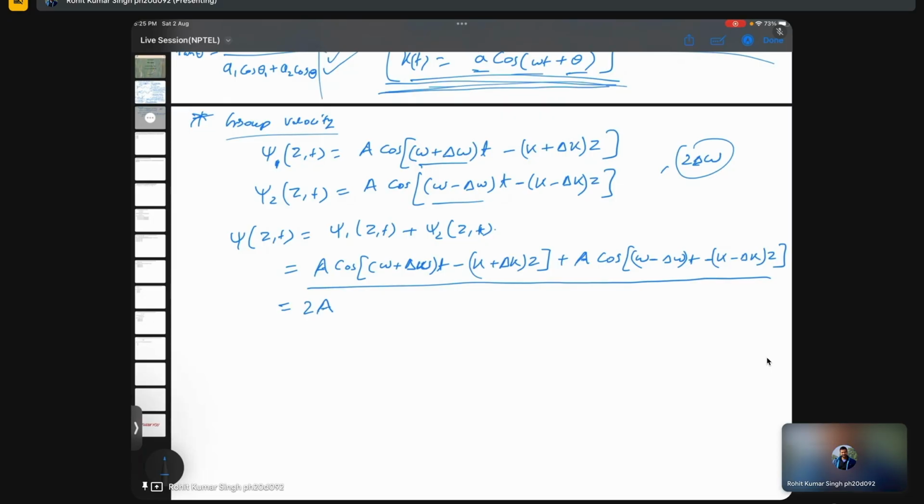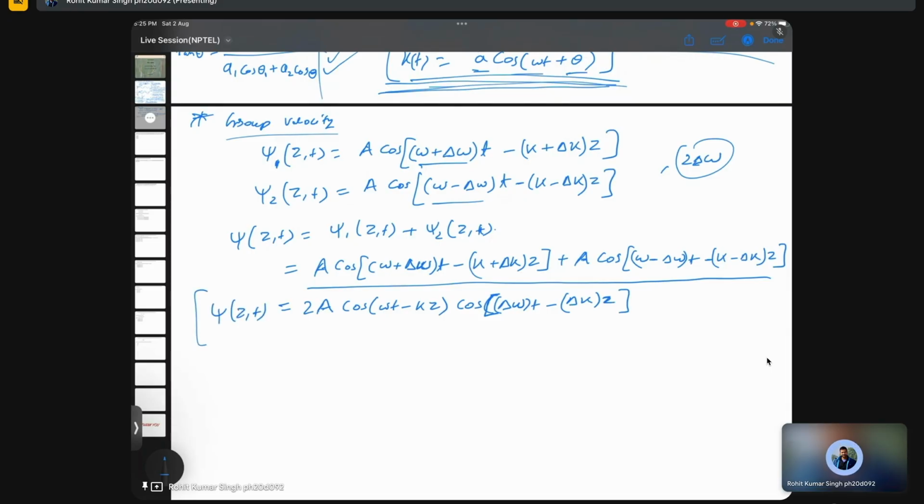So you will have 2a cos(omega t minus kz) multiplied by cos(delta omega t minus delta kz). So this is your superposed wave.